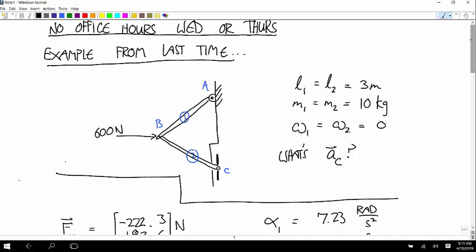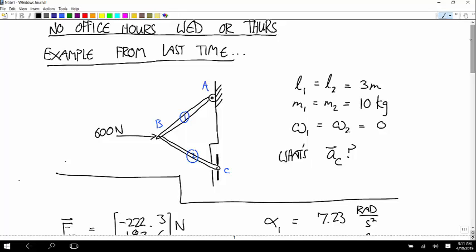But if you're curious about it, see if you can figure out how to fit that in there. It is kind of nice to have that as a check at the end. Anytime you have one of these triangles where those angles have to be the same just because of the geometry, check your angular accelerations at the end and make sure that it's working that way.